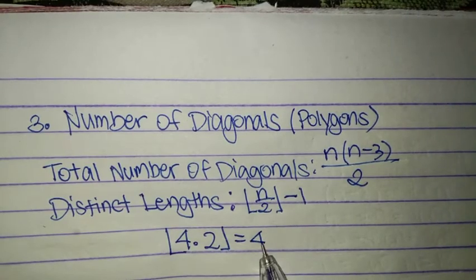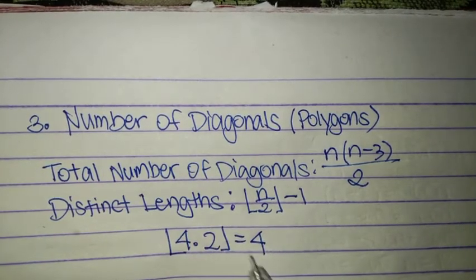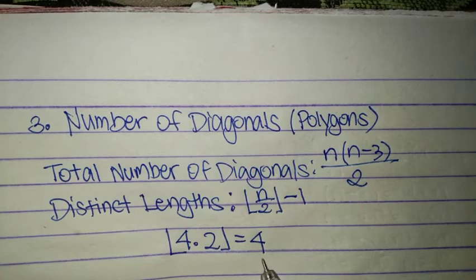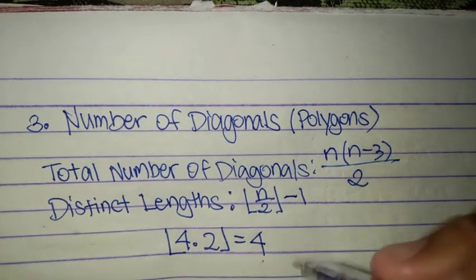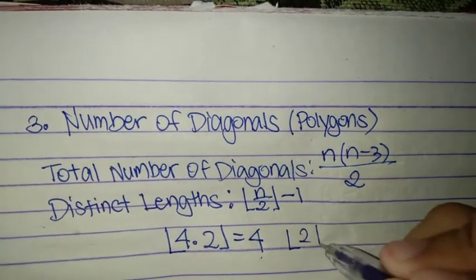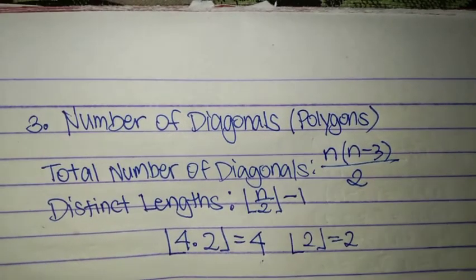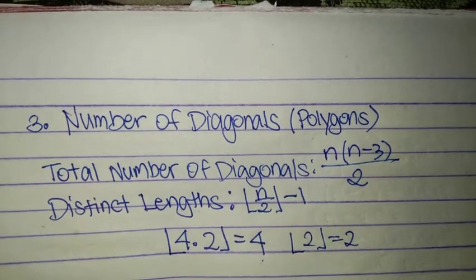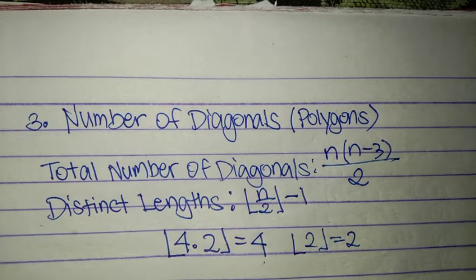Since 4 is less than 4.2 and it is an integer, and it is the largest possible integer. The floor of 2 is 2, since 2 is an integer. That is how the floor function works. Now, let us have example problems.